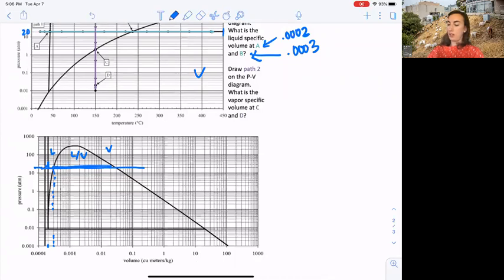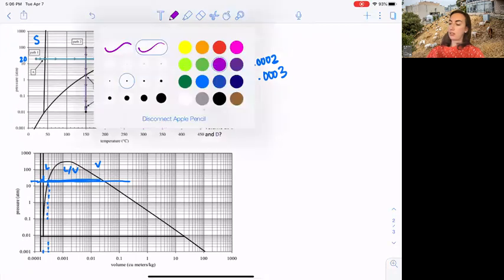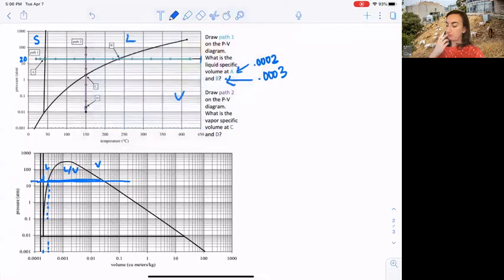Okay, so now we can transition to the second part, which is path 2. This part is a little bit harder. But one thing that we can do before we finish talking about path 1 is, where does it end?